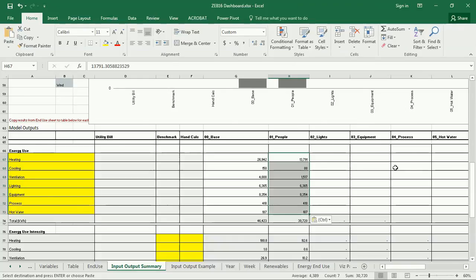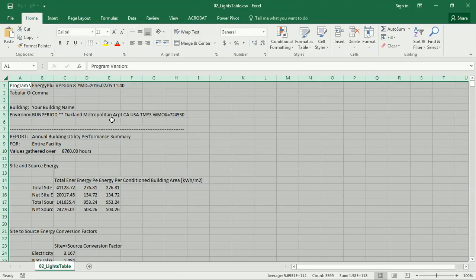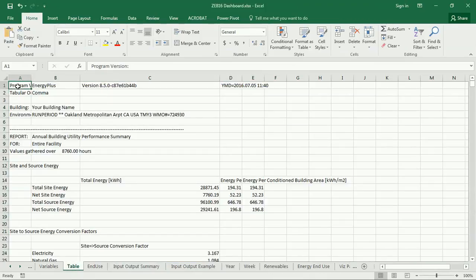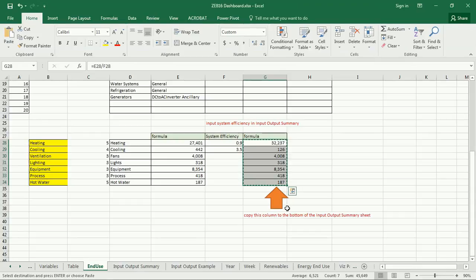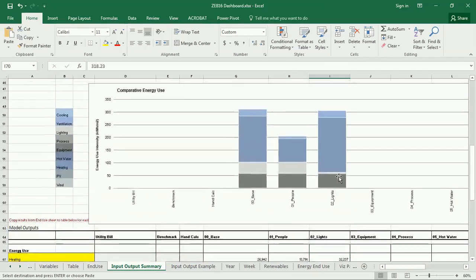Then go to lights table, .csv, copy those, and in your dashboard go back to table, paste, end use, copy, summary, paste. And hopefully what you'll see, which is good, we're actually seeing some differences here.